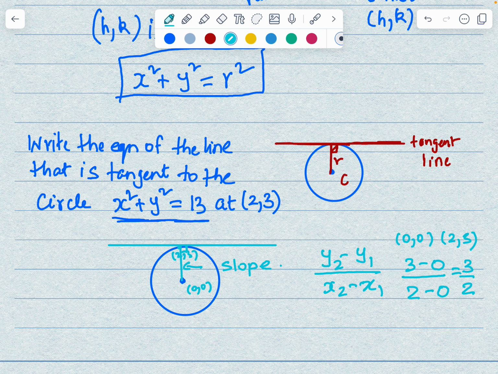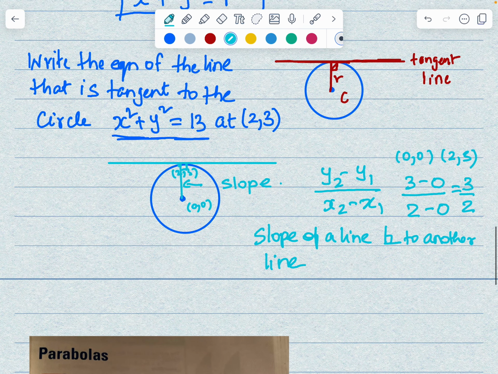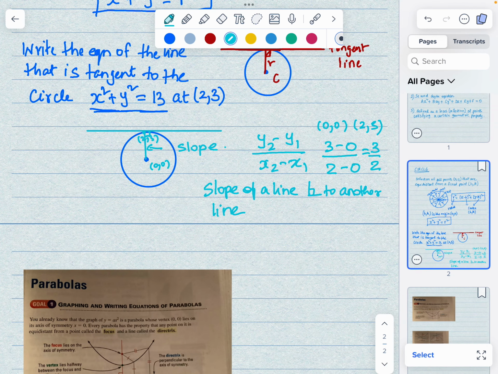Now, remember, the tangent is perpendicular to the radius. So what is the slope of a line which is perpendicular to another line? Let me add a page here.